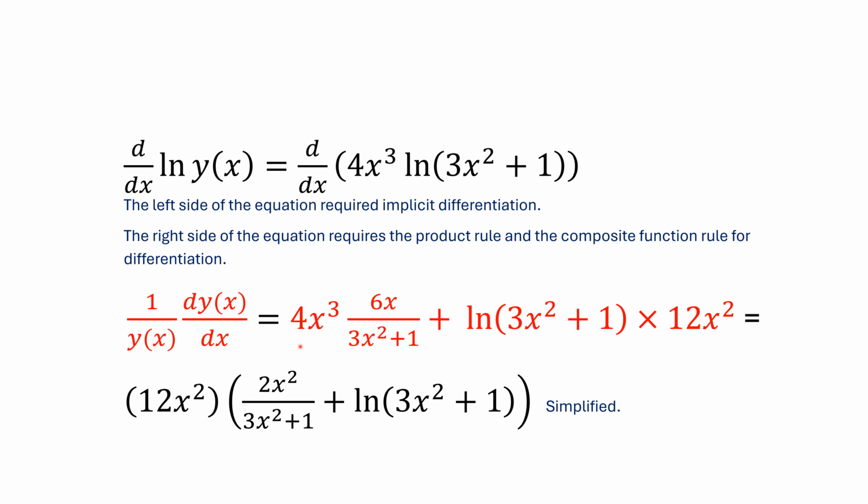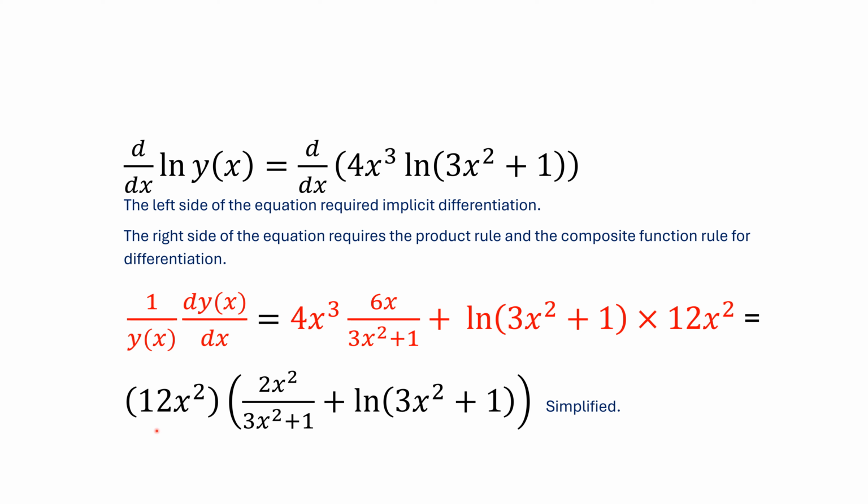So we're going to take the first function, 4x cubed. The derivative of the log of 3x squared plus 1 is 1 over 3x squared plus 1 times the derivative of 3x squared plus 1, which is 6x. Plus the log of 3x squared plus 1 times the derivative of 4x cubed, which is 12x squared. Now on this side we have 24x to the fourth.